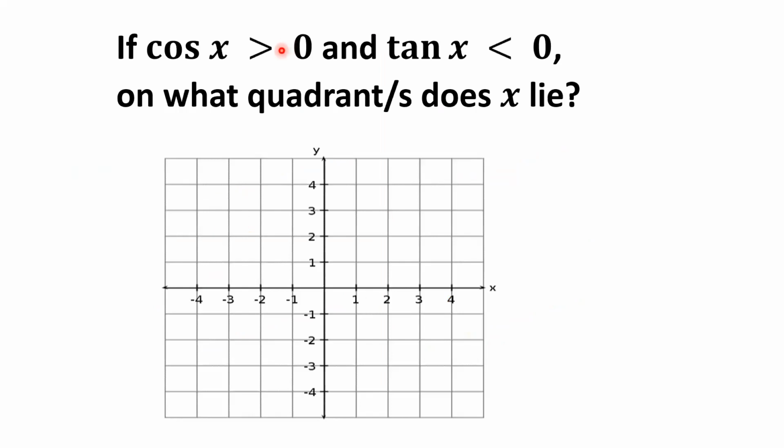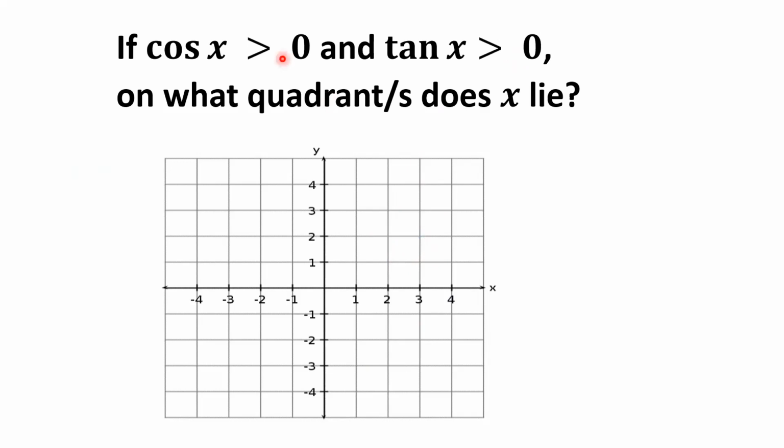So, if cosine is positive, tangent is negative, let's practice: on what quadrant or quadrants will the angle x lie? Cosine positive, tangent negative. So hindi siya pwede sa first quadrant kasi may negative eh. Sa first quadrant, dapat lahat positive. So it's only on the fourth quadrant. So the answer is quadrant 4.